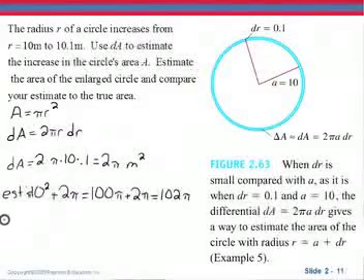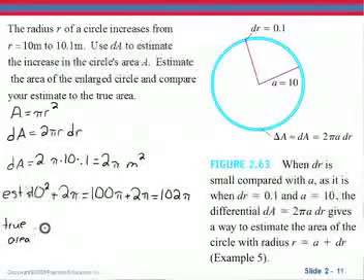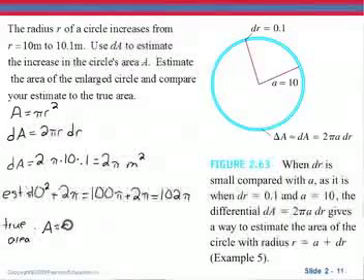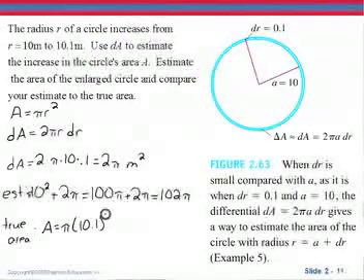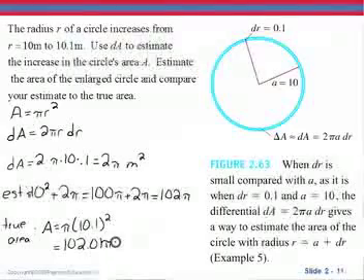Now, it's not actually going to be exactly that. The true area, if we go to 10.1, would be pi times 10.1 squared. Well, if you square 10.1, you will get 102.01.